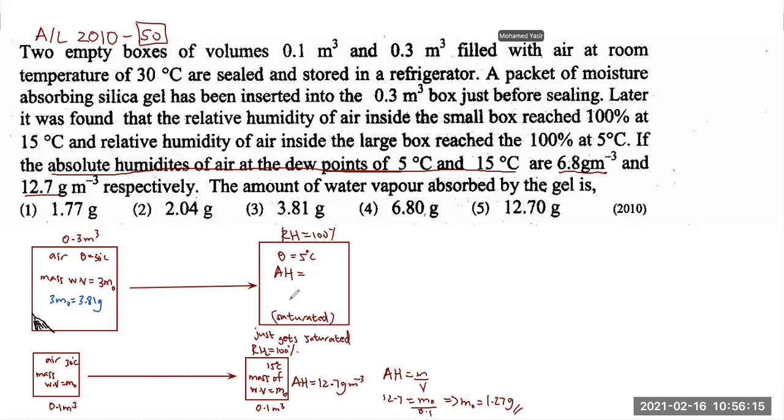Absolute humidity is 6.8. Now, definitely the mass of water vapor here is not 3m naught, or 3.81. It is going to be 3.81 minus simple m. I'll take it as simple m. What is m? That is what we are supposed to find out: the mass of water vapor absorbed by silica gel.